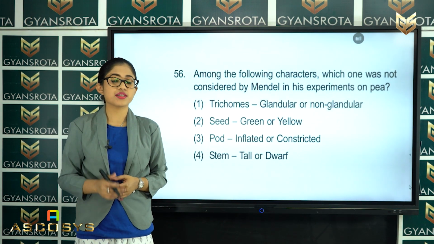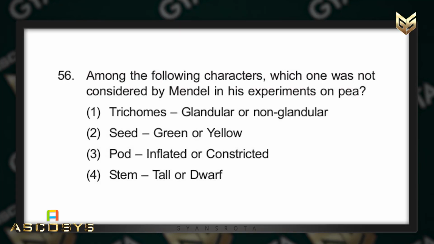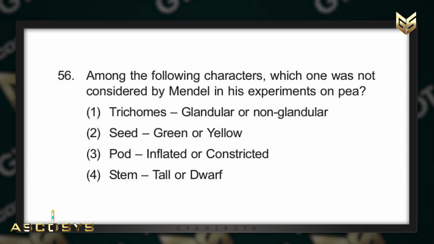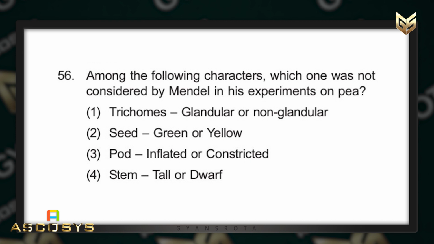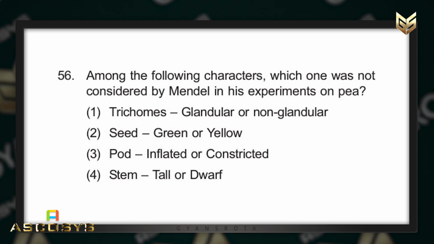Now in the next question, that is question number 56, as you can see here, among the following characters, which one was not considered by Mendel in his experiment on pea? There are 4 options: trichomes, which is glandular or non-glandular. Option number 2 is seed with green or yellow, pod inflated or constricted, stem tall or dwarf.